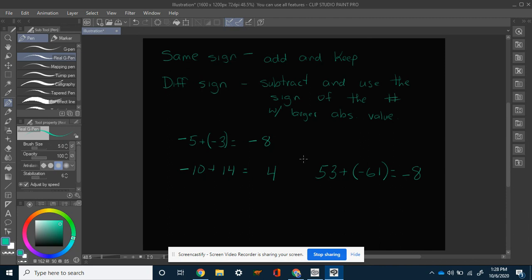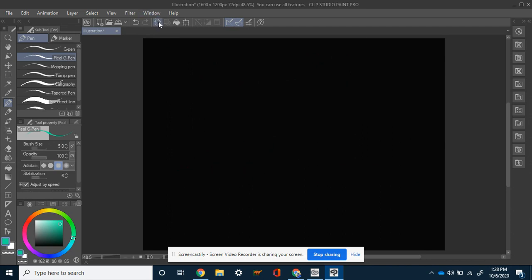All right. So we want to make sure that we had those down pat because subtracting integers is a tricky situation. Here is the rule. When we're subtracting integers, what we actually want to do is add the opposite.